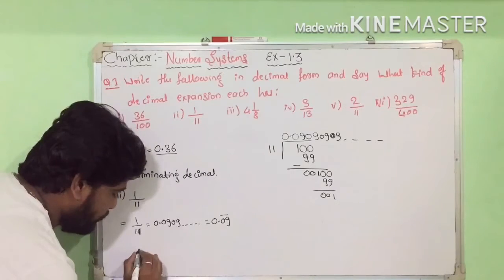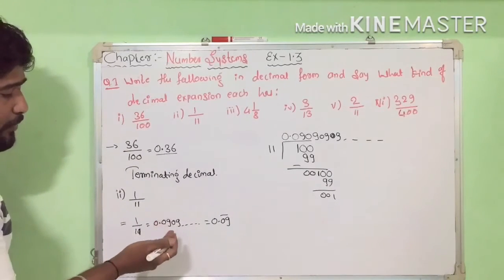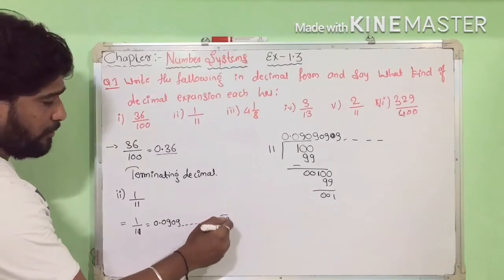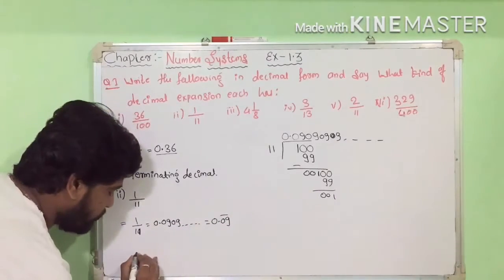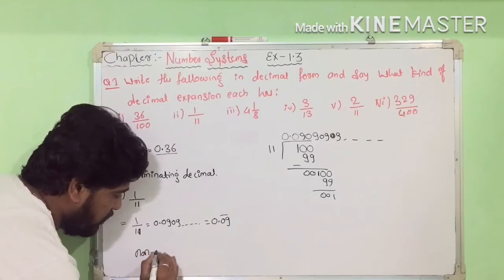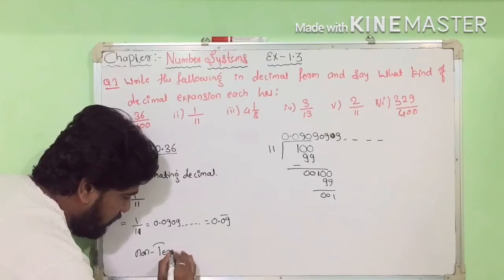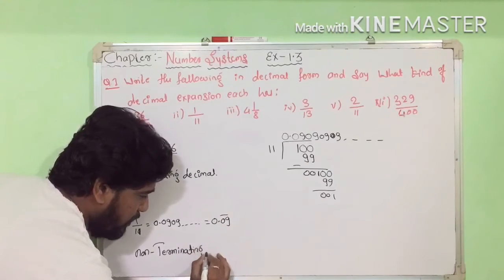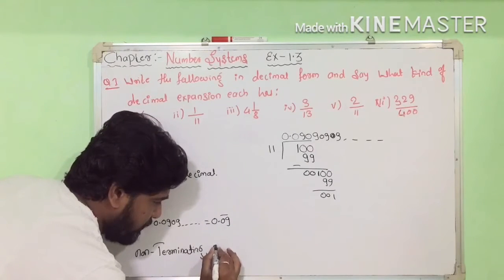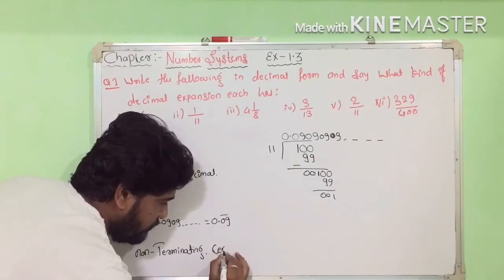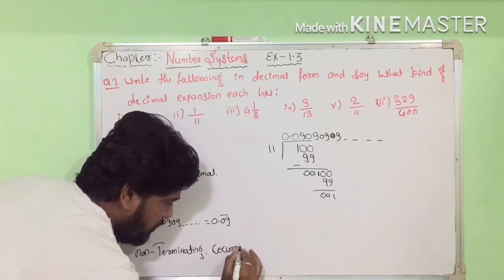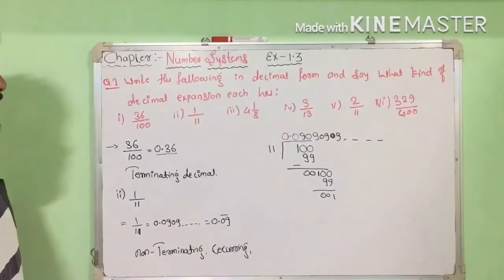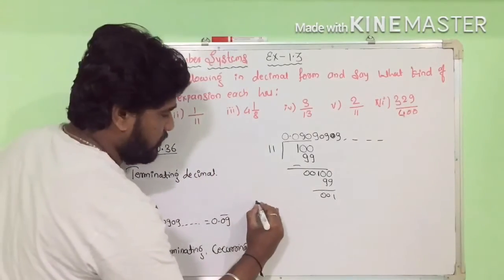So write down here that the decimal is non-terminating and recurring, because the numbers are repeating here. Non-terminating and recurring, right?